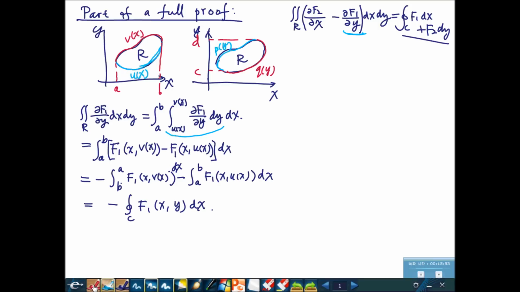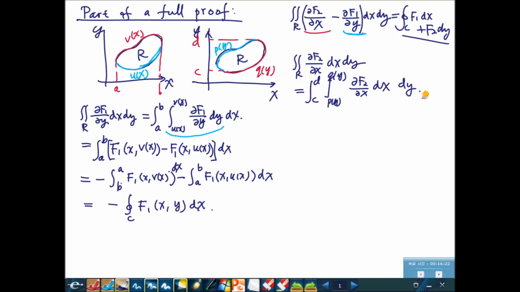This term, okay, so here, the double integral of df2 over dx, dx dy. Same procedure. From c to d, p of y to q of y, df2 over dx, dx dy.